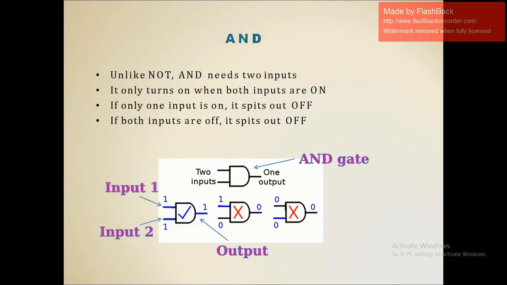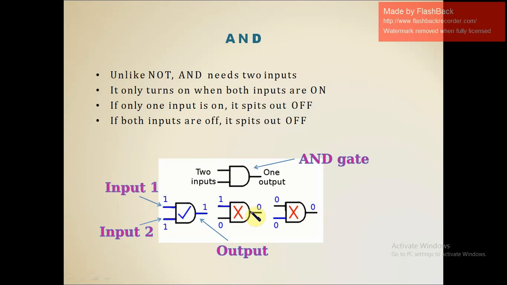Next important one, the AND gate. An AND gate has two or more inputs but only one output. The output assumes the logic 1 state only when each one of its inputs is in logic 1 state.